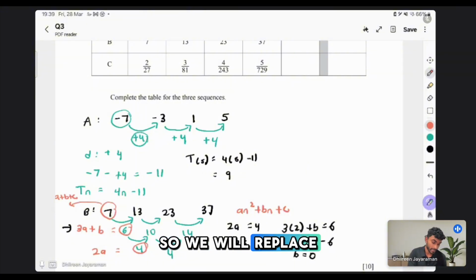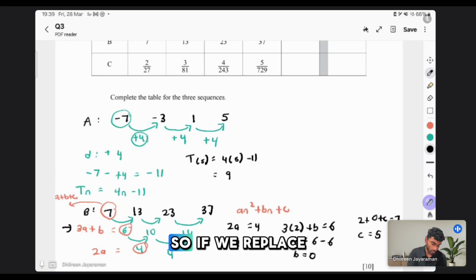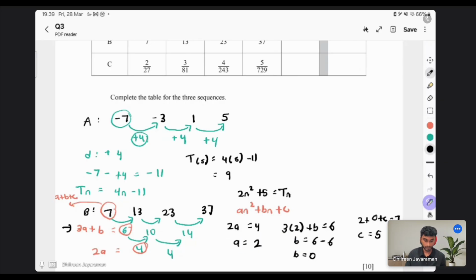So we will replace that to get the value of c. Replacing them into the formula, we will get c equals 5. So if we replace this into the main formula, we will get 2n squared plus 5 equals the nth term.